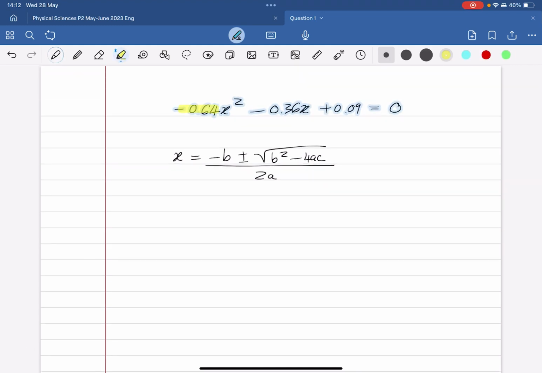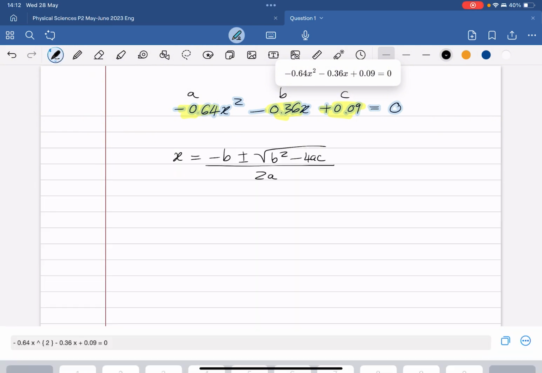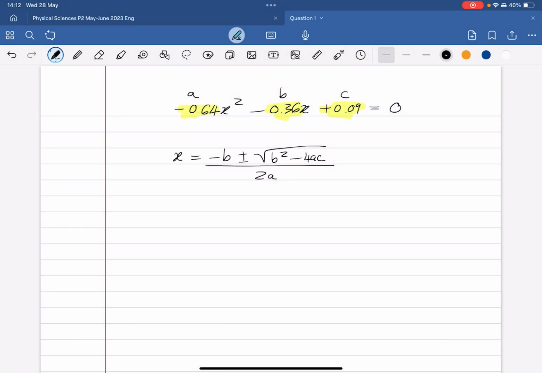So this will be your a value, this will be your b value, this will be your c value. All right, that is a, this is b, this is c. And then I can leave that to you to substitute, but you get two answers.